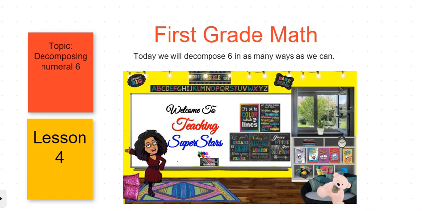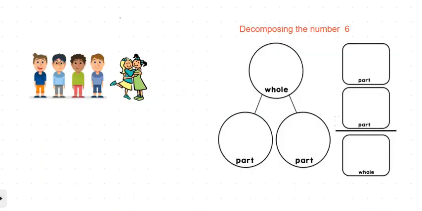Now, let's begin. I got some beautiful pictures. I gave you guys some clues. Look at the clue. I made 6 little people.